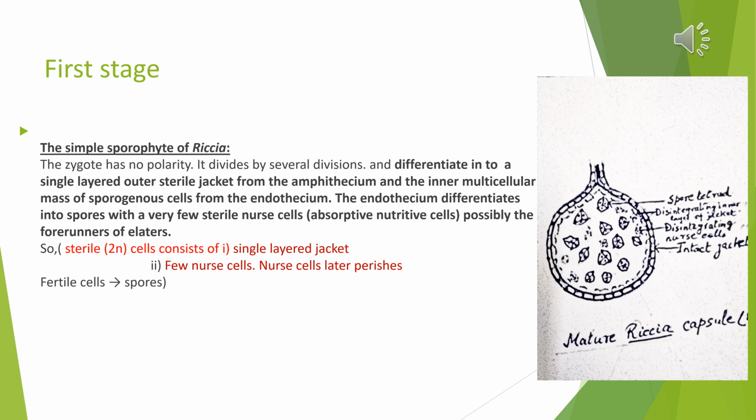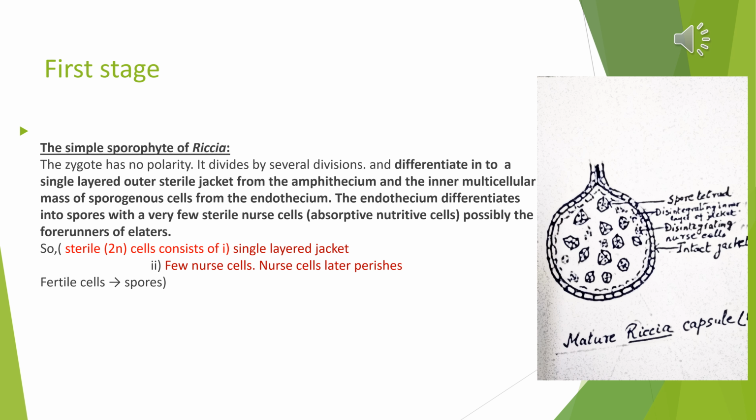First stage, the simple sporophyte of Riccia. Here, the zygote has no polarity. It divides by several divisions and differentiates into a single layered outer sterile jacket from the amphithecium and an inner multicellular mass of sporogenous cells from the endothecium.